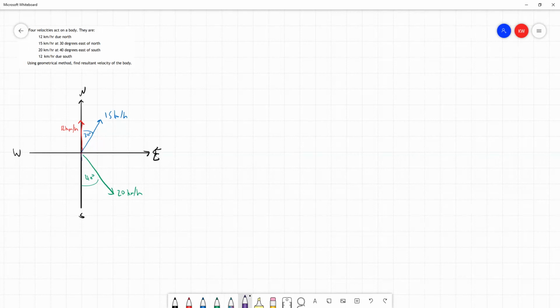That means a line straight down the way. Direction is important as well, so it's a straight vertical line, but an arrow pointing down, and that's 12 kilometers per hour. So we have 4 vectors, and we want to find the resultant velocity, what's the combination of these 4 vectors. So in order to do this, we're going to use the graphical method.